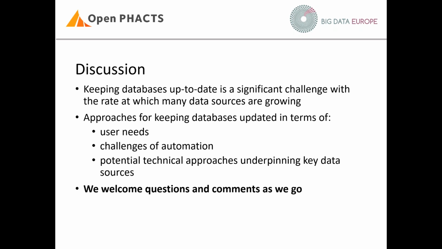Certainly from our experience of Open PHACTS, there are very different expectations of the refresh frequency for different types of data, from some data sources that aren't refreshing more than once or a couple of times a year, to more time sensitive data like patents, where there is new data coming in every day as the patent literature is mined and added to the patent sources. So certainly choosing the right frequency is a key aspect.